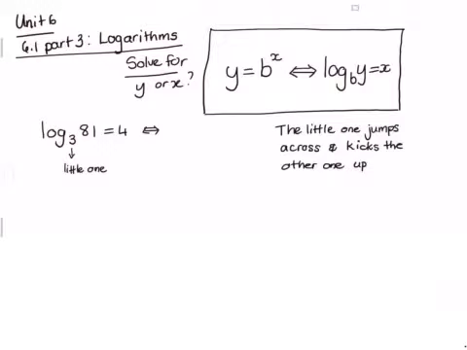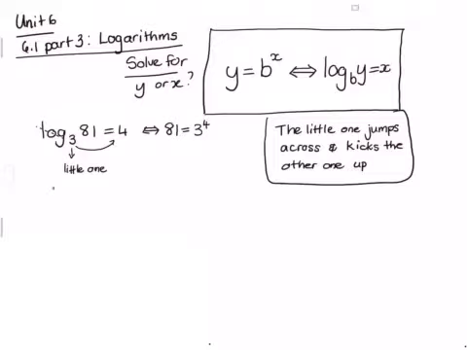So this is your rule for when you take away the log. So if I take the log away here, then the little one, which is the 3, jumps across. So what will be left on the left? Just the 81, then the equal to. The 3 jumps across and it kicks the 4 up.